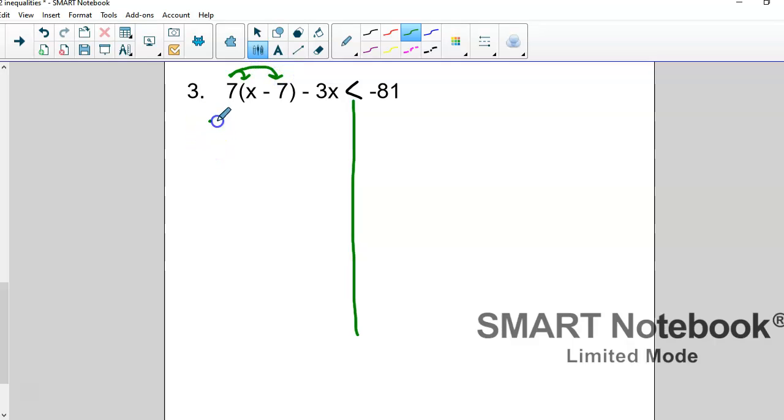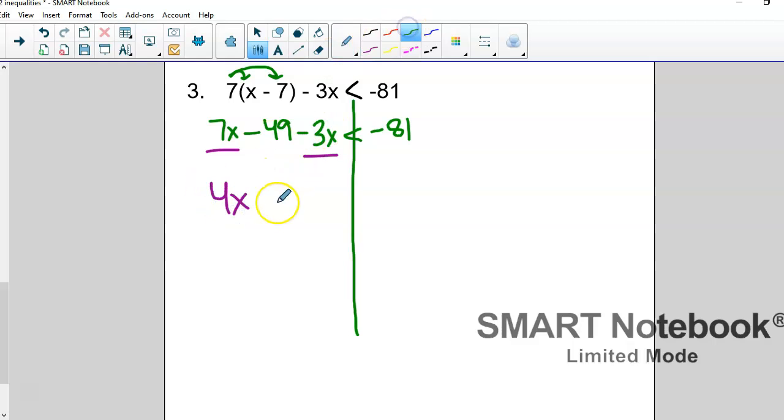7 times x is 7x. 7 times negative 7 is negative 49. And then we still have our negative 3x over here, which wasn't involved in the distributing at all, but it's still there. And then we have less than, and then we have negative 81. All right, I see some like terms again that I can combine. 7x and negative 3x. 7 minus 3 is 4, so we have 4x.